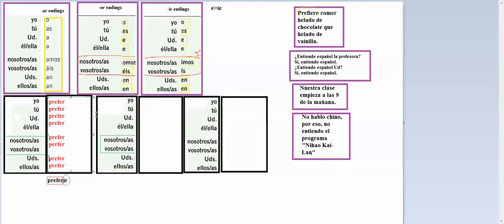Okay, so the E that's going to change every time is going to be my second E. It's this E right here.